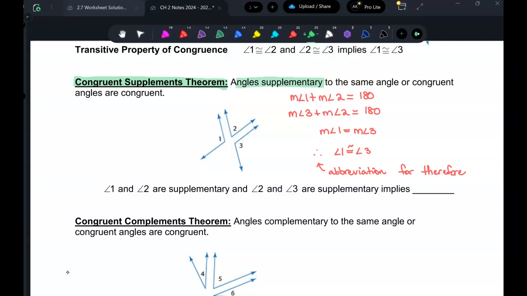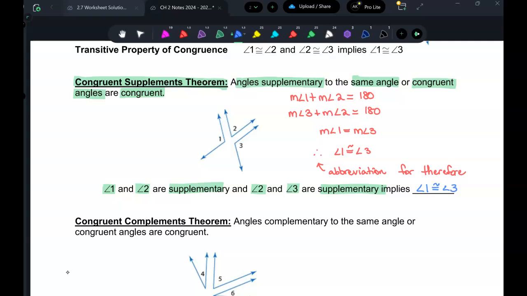We have angles supplementary to the same angle or congruent angles. Our conclusion is that they will be congruent to each other. So if I have angle 1 and 2 are supplementary and 2 and 3 are supplementary, what's my conclusion? 1 and 3 have to be congruent. Okay, so here I just put it in symbols. All right, questions?